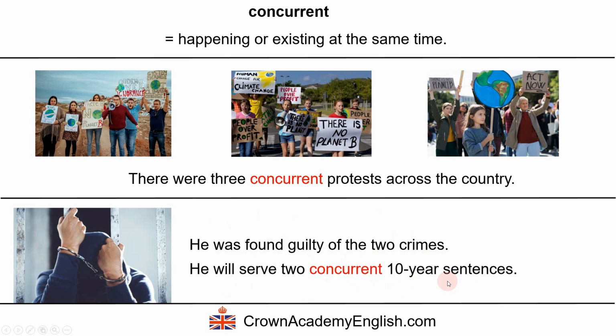So for each crime, he receives a sentence of 10 years. But he will serve them concurrently. That means in parallel, at the same time. Okay, so his sentence, in fact, will last for a total of 10 years, because they are concurrent.